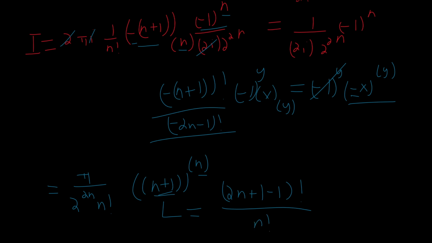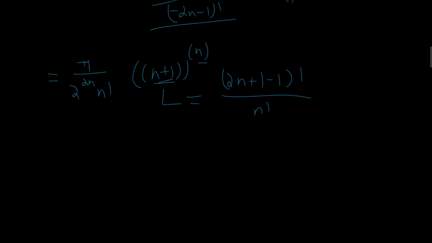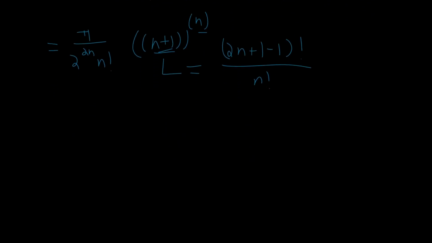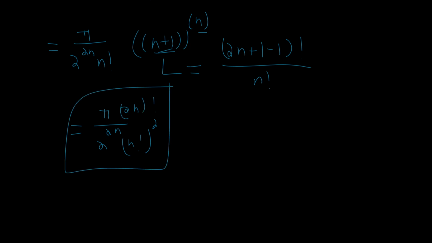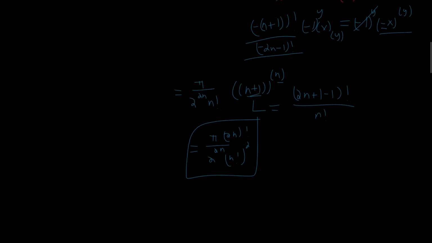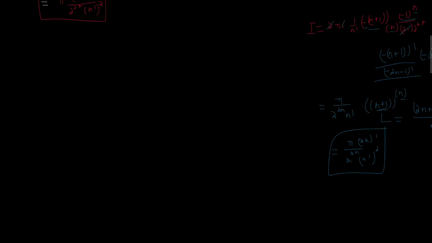And you'll note that this actually is just our solution that we got previously. So this now is equal to pi over 2 to the 2n, n factorial squared, and then 2n factorial. And there we go. We have done this integral in two different ways using completely different techniques. We got the same thing.